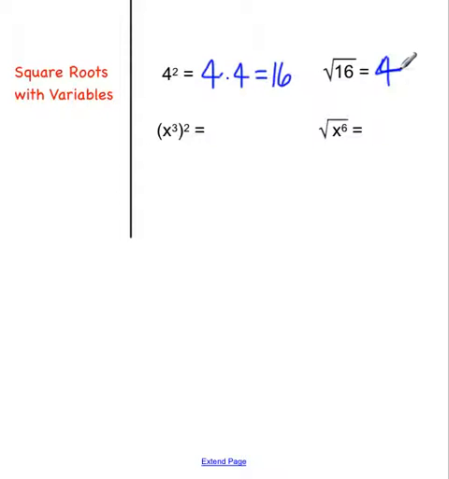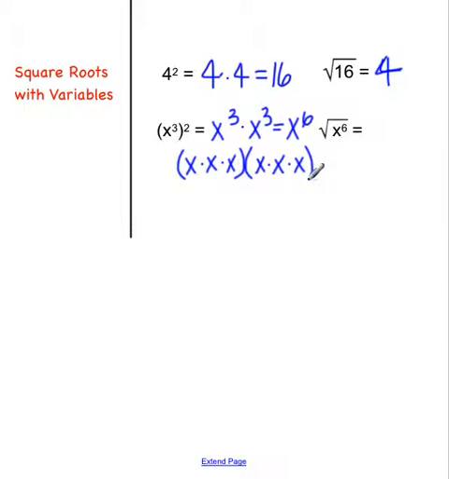Likewise, x cubed squared means x cubed times x cubed, which is x to the 6th, because this is x times x times x times x times x times x, which when we count that up we have 6 x's.